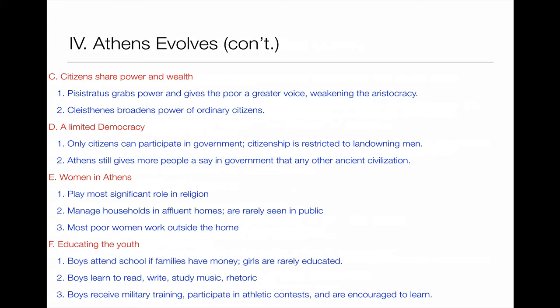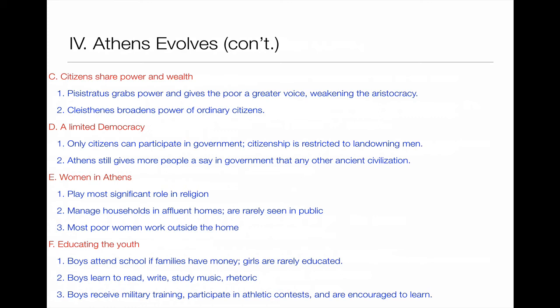All right. Their definition of democracy, again, is more limited than ours. Ours is everybody. Theirs was restricted to only land-owning men, which at first the Constitution says only land-owning men could do this. So if you were a male citizen but didn't own land, if you rented an apartment, you could not be part of the government.